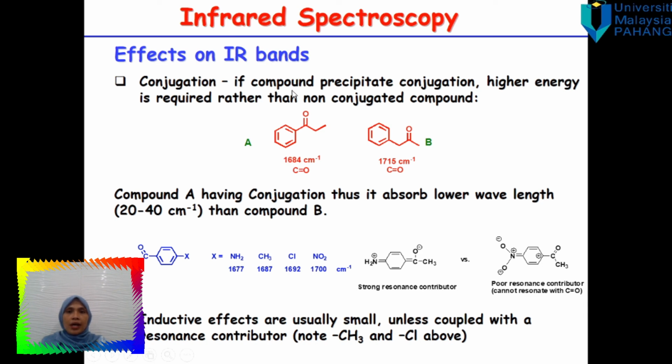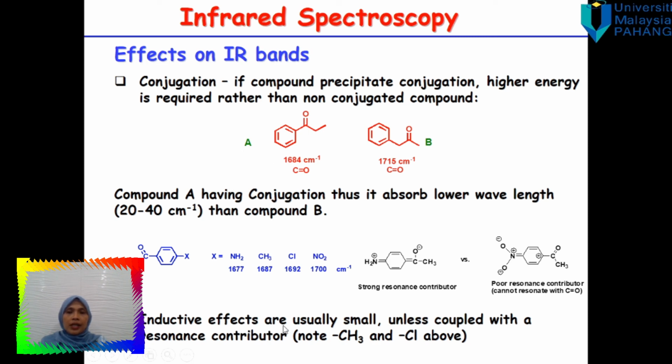Why? Because of conjugation, the wave number will become lower. So compound A has conjugation, so it absorbs at a lower wave number than compound B. Easily conjugated here, that's why it has a lower wave number, because when they are involved in conjugation, the bond strength decreases.